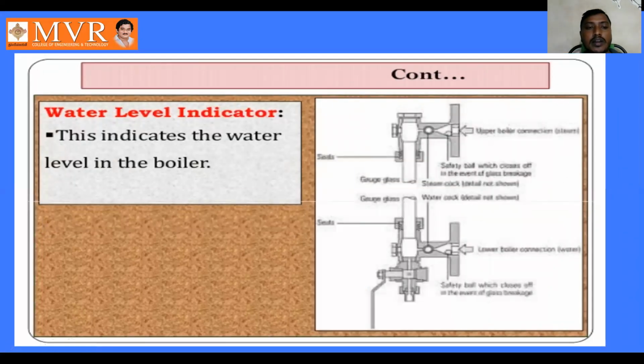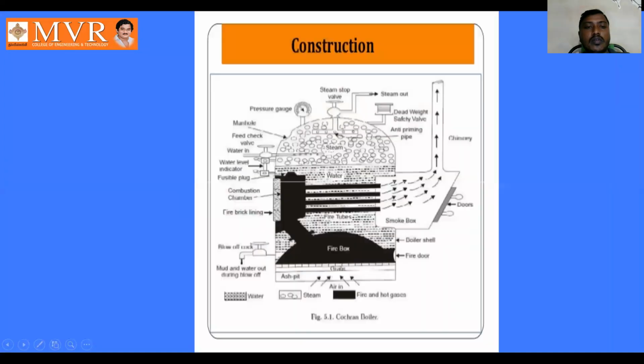Coming to the water level indicator, it indicates the water level in the boiler. We can observe here the water level indicator. It indicates how much water level should be maintained in the boiler.